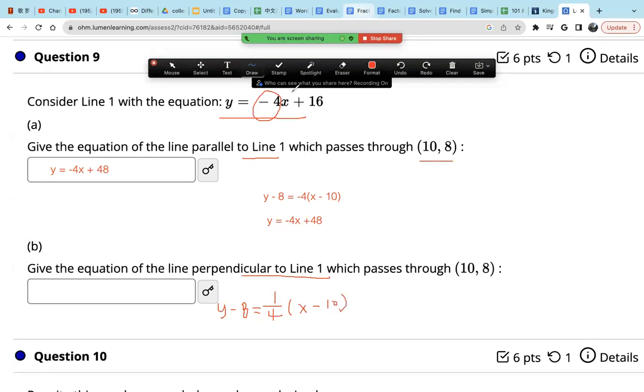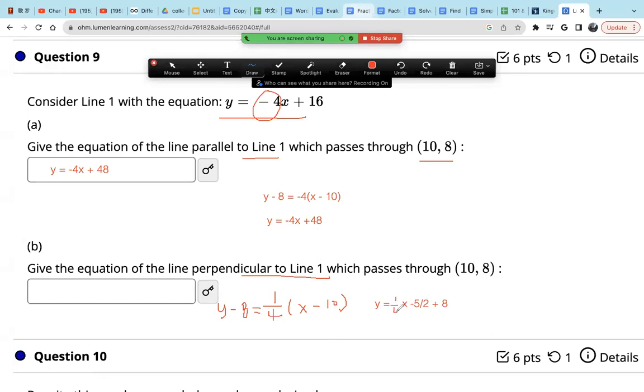Then we simplify a little bit. We get y equals 1/4 of x minus 10 over 4, which is 5 over 2, then plus 8. So move negative 8 to the other side. Here we have a quarter in front of x.